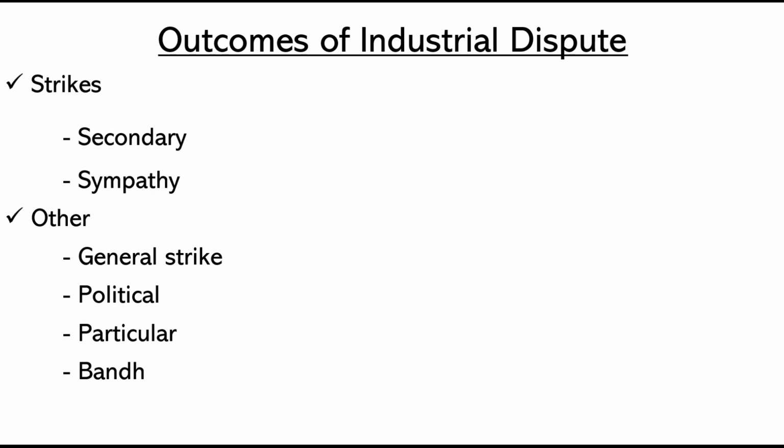So those are general strikes. Next one, political. Political means if the government has proposed any kind of act, again the same example of Agniveer, making any amendment to the working terms and conditions, and it is not accepted by the workers, they go for protest. Okay. And this happens on a mass level.